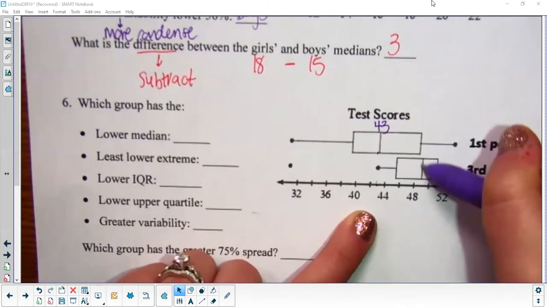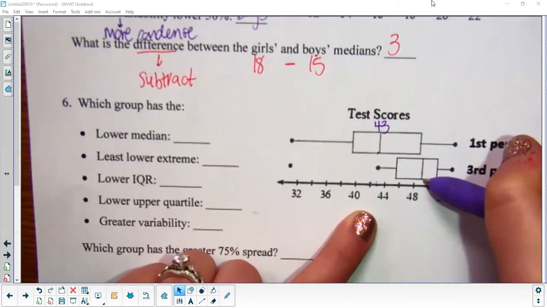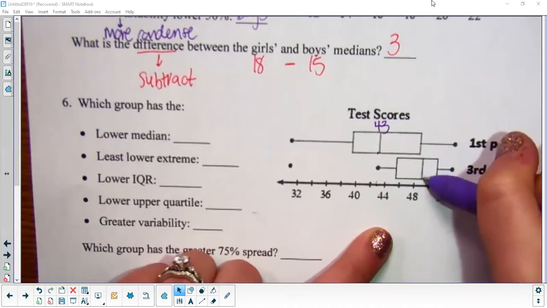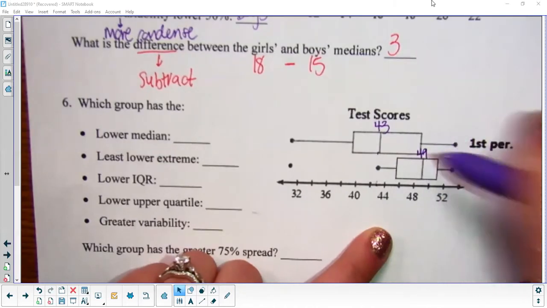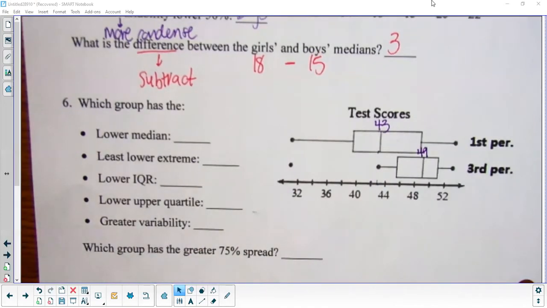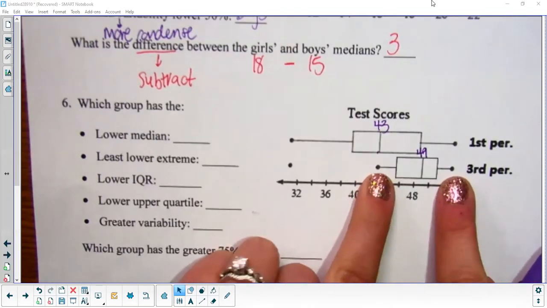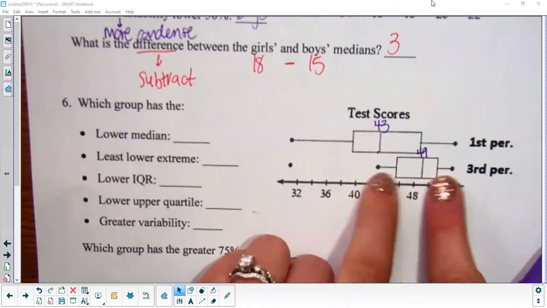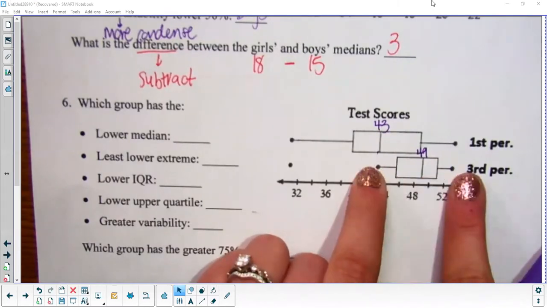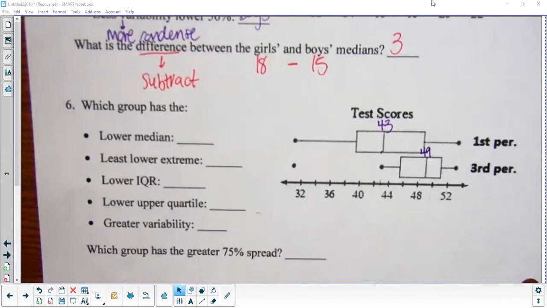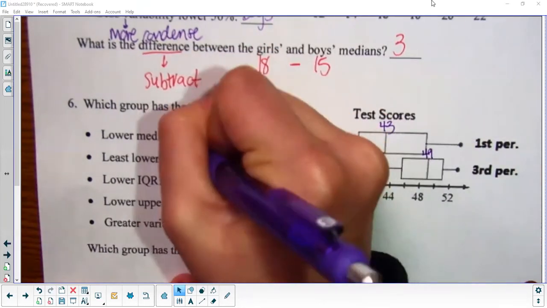My median here is right about 50. That means that this one's going to be 49. So my first period looks to be a lot more spread out, where my third period, besides this little data value down here, looks very condensed and very together, all right? So which one has the lower median out of these two? Definitely first period.